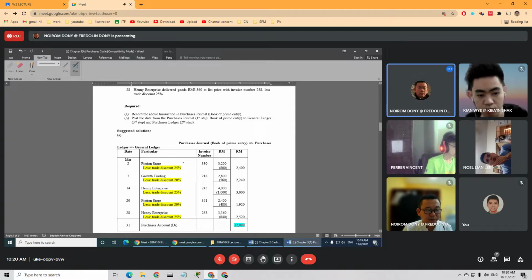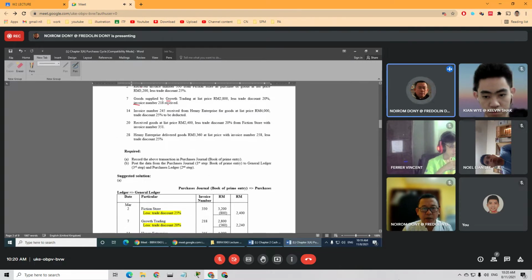Easy to remember: we must have a date column, particular column, invoice number column, RM column, and another RM column. All the prime entries are more or less using this same format. So the next one is again the keyword.